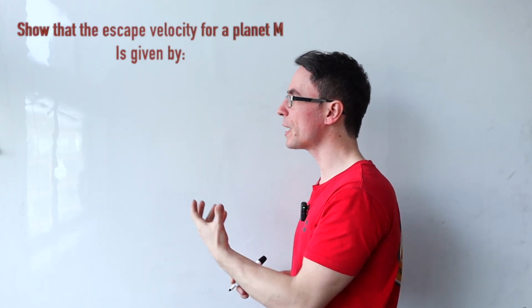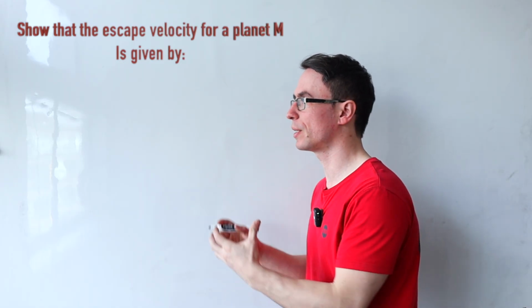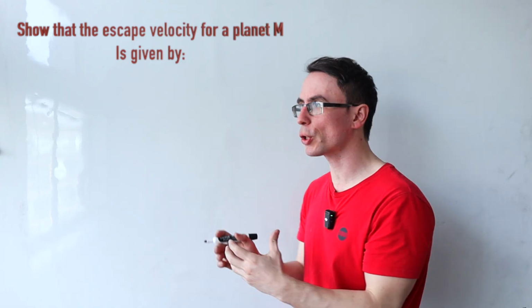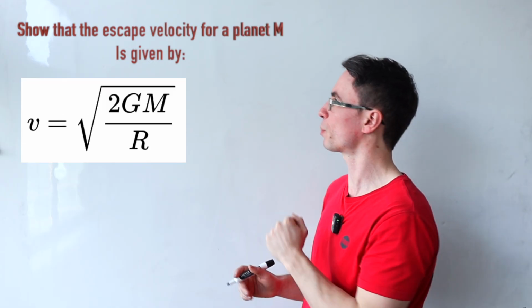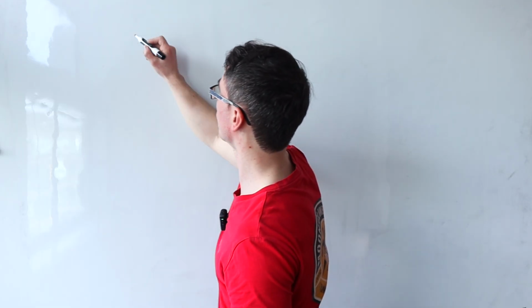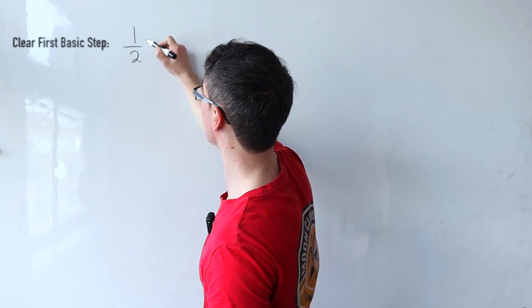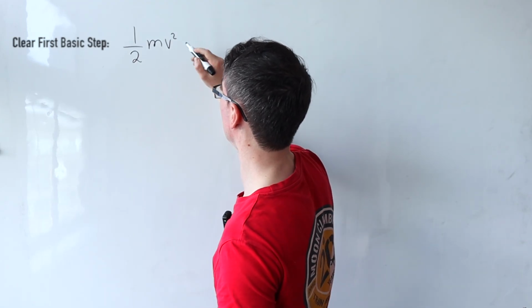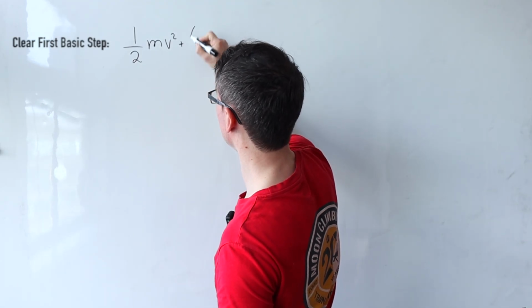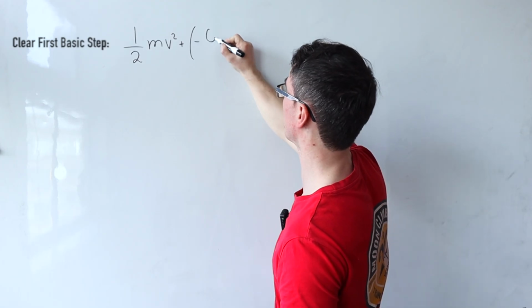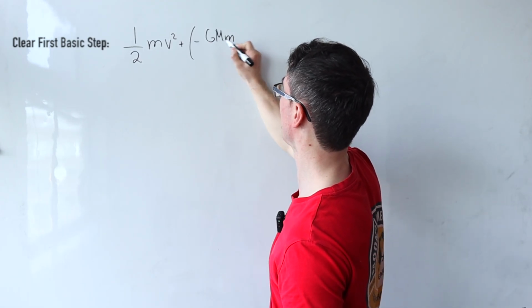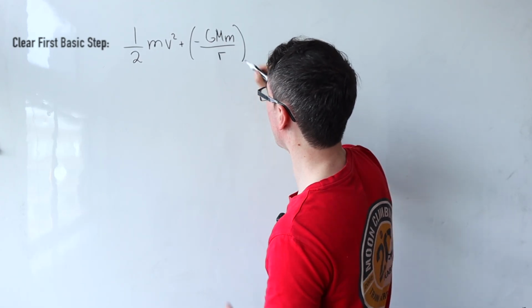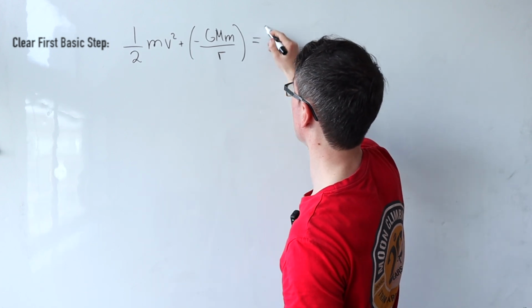For instance, if we had to show that the value of the escape velocity of an object from a planet is given by this expression, we can start off by saying that the kinetic energy of an object, a half mv squared, plus its potential energy, which is given by minus GMm over r, where r is the distance, all have to add up to 0.